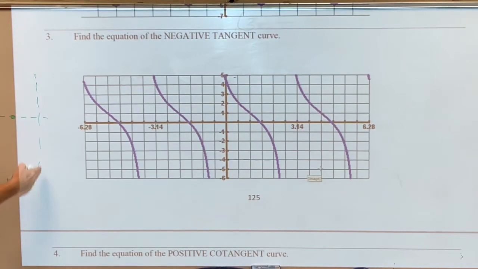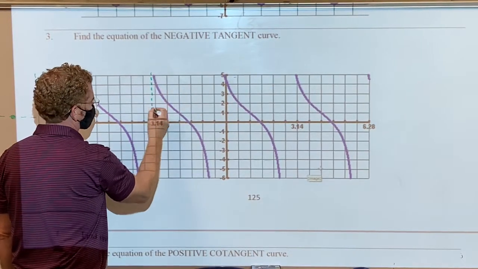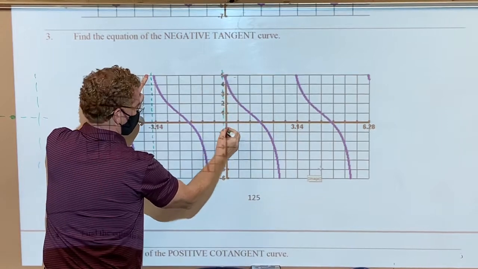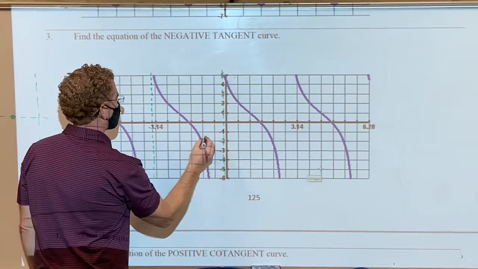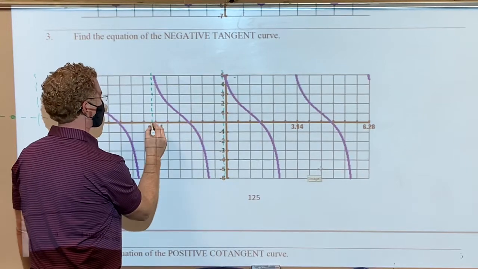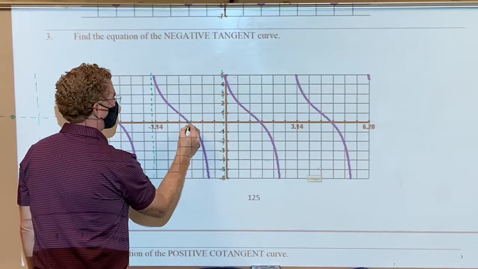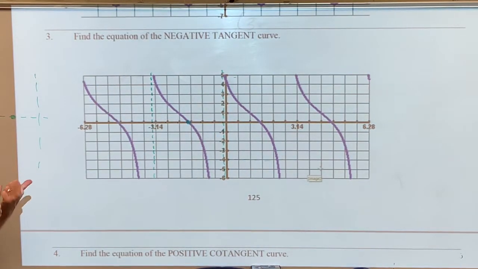So if I know where my asymptotes are, hypothetically, what if I came in and said, all right, I think this is my asymptote. Right there. Hypothetically. Well, if it was, then what would be dead in the middle? 1, 2, 3, 4, 5, 6. I would think maybe that's dead in the middle. But here's the problem with that. This is a negative tangent, does it?